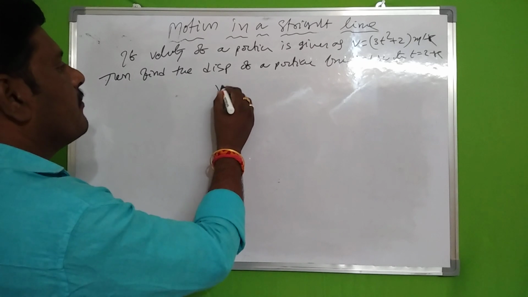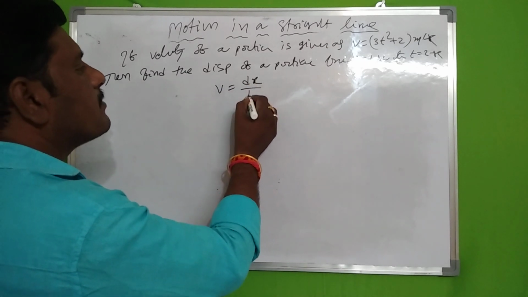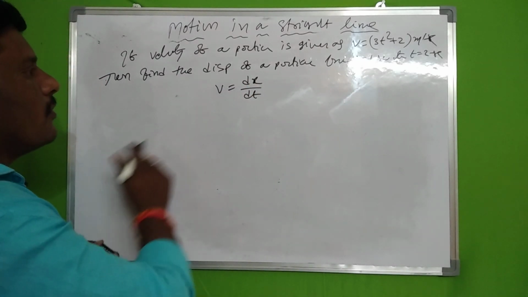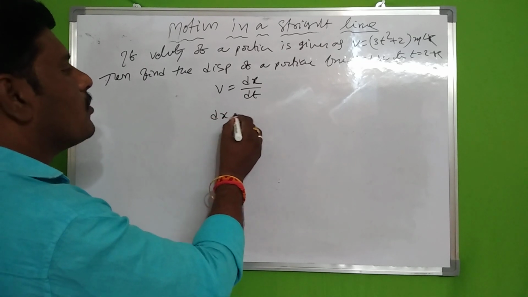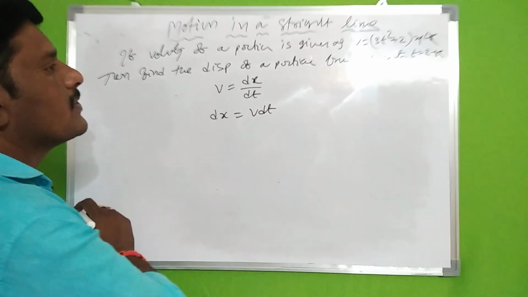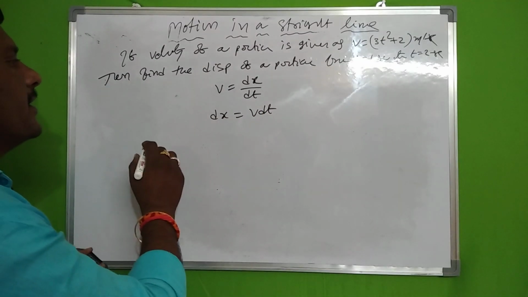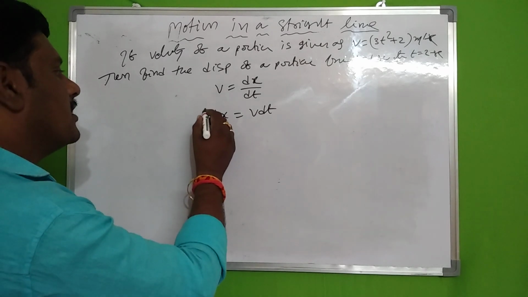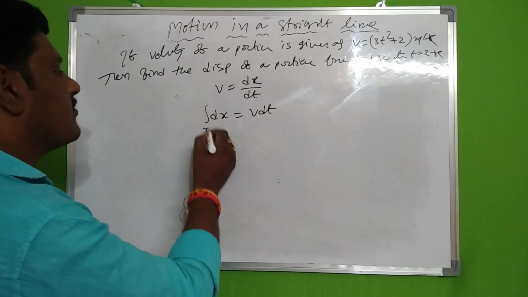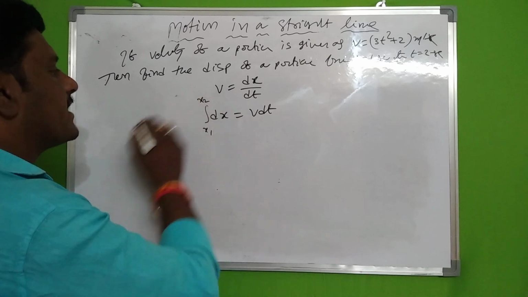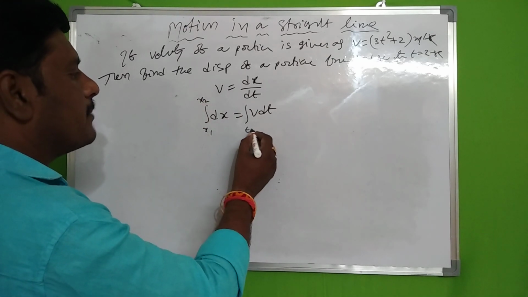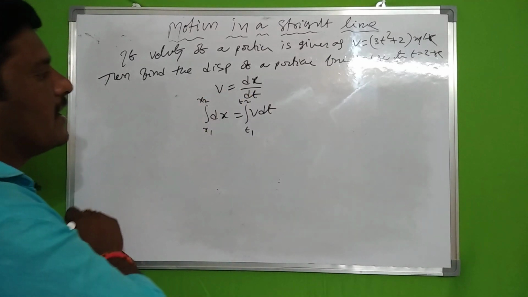We know that v equal to dx by dt, so we can write dx equal to v into dt. So limits are applied: initial position x1 and final position x2, and initial time t1 and final time t2.